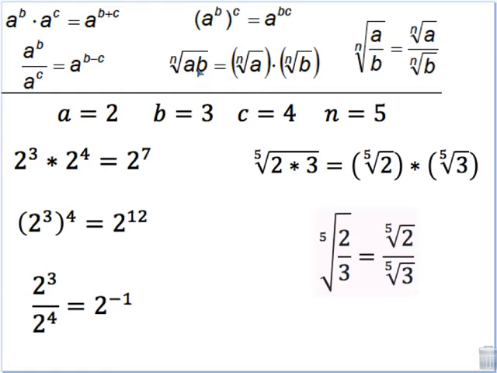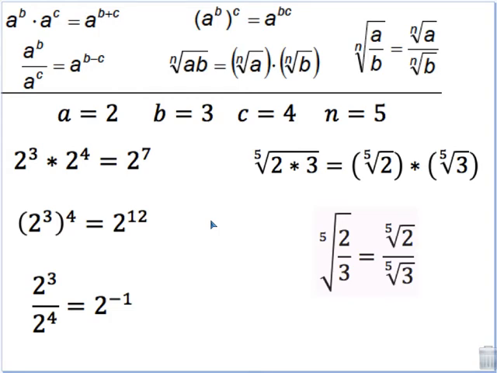With this one, when you have two numbers under this root, you can separate those two numbers. You could have the 5th root of 2 times the 5th root of 3, and if you multiply those two together, you'll get the same thing as the 5th root of 6. And then down here, if you have a fraction under a root, you can separate those fractions, and it's perfectly fine.